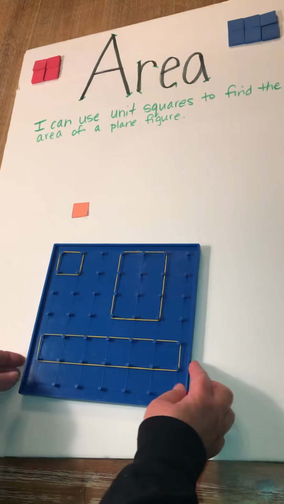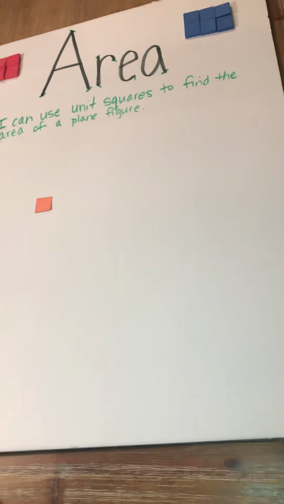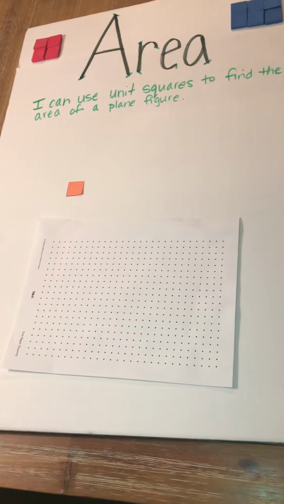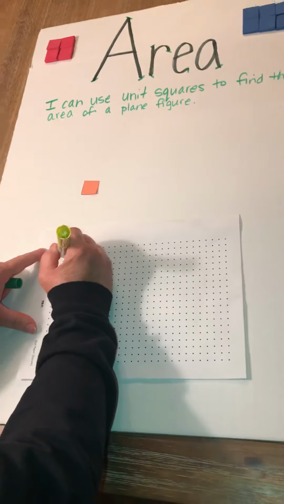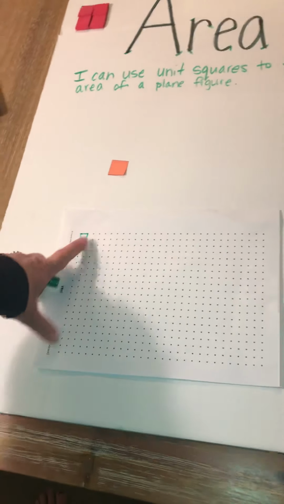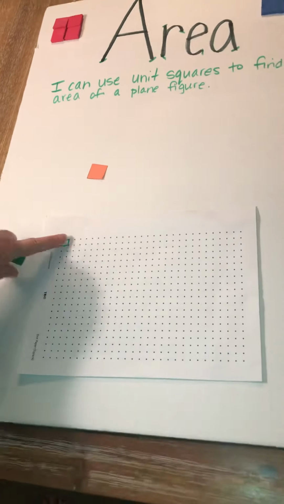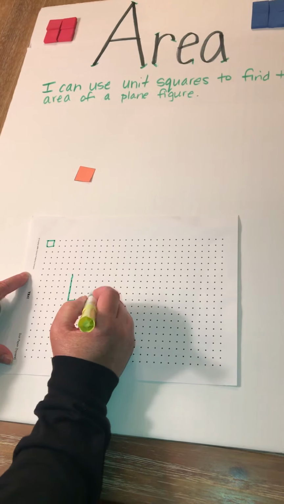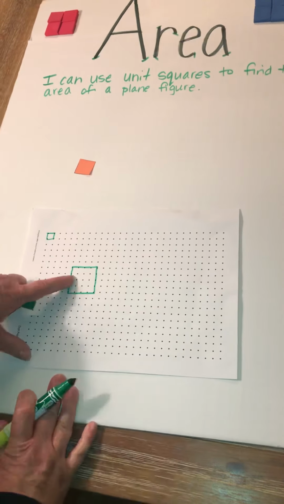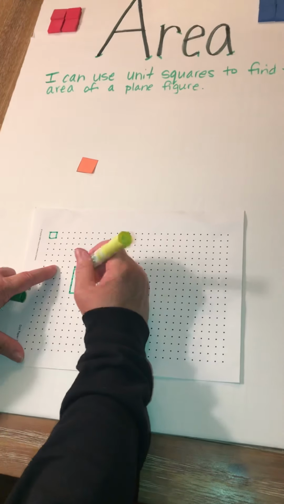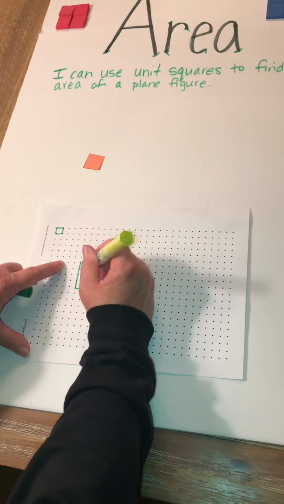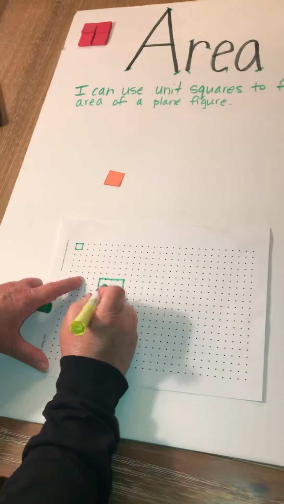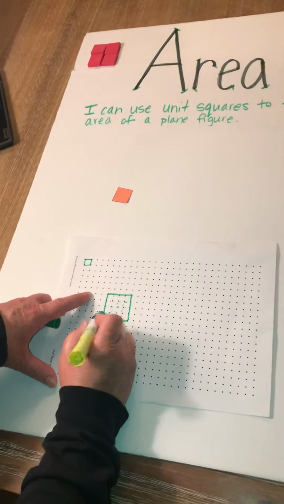You can also use dot paper to make shapes. Again, fill in 1 square, the same as 1 unit square. I'm going to fill in this shape, and then we'll count how many we have. You could dot them, connect the dots like this at the beginning before you get used to it.